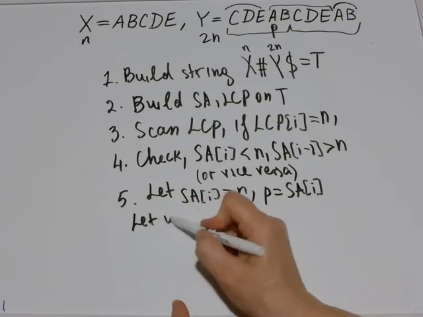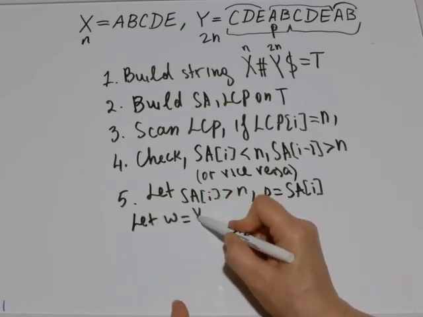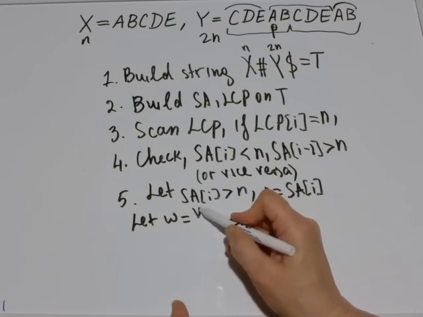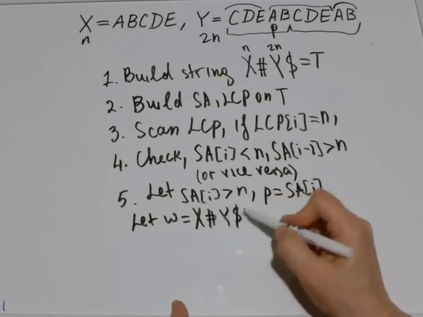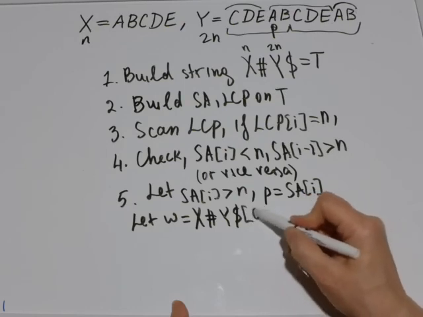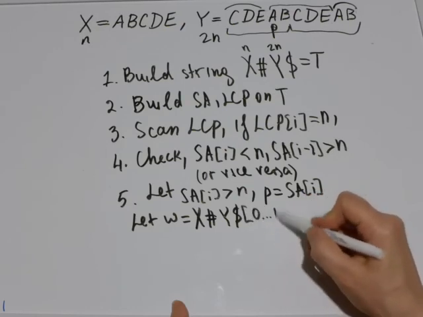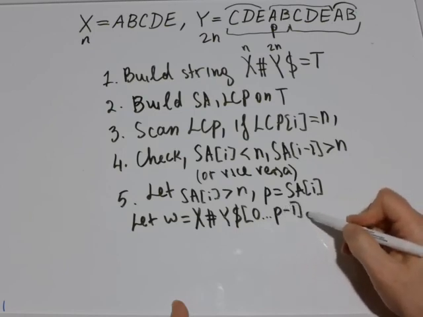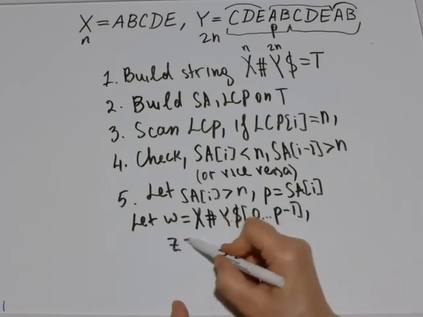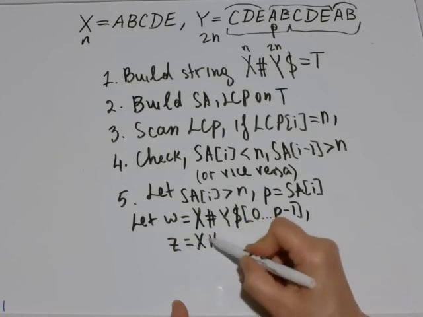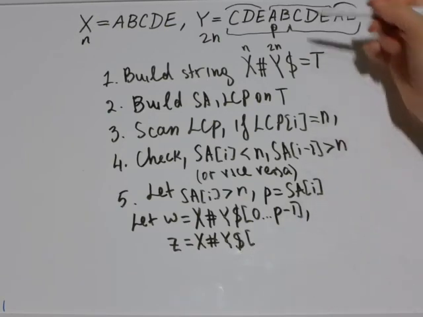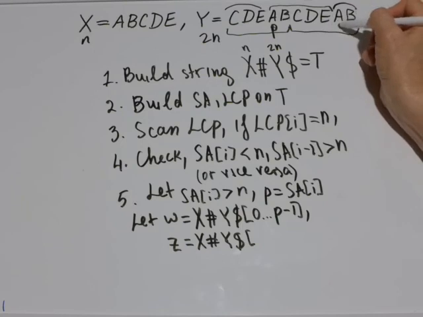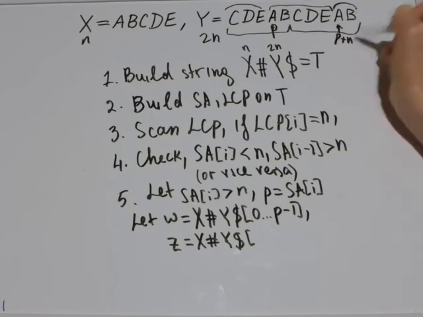So let W be x pound y $, from starting position 0 to position P minus 1, and let Z be the substring of this string starting at position P plus n.